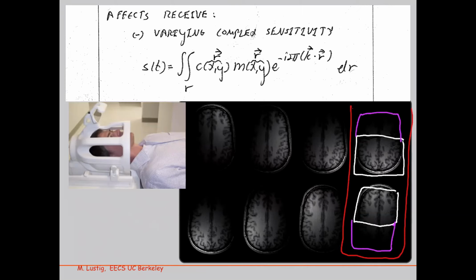Okay. Let's say this was the phase encode direction. What would happen if I cut my phase encodes by a factor of 2? I can't hear you, Katie.